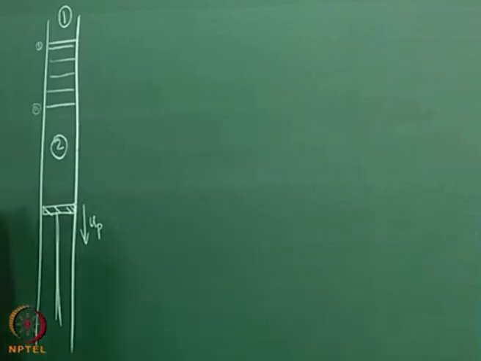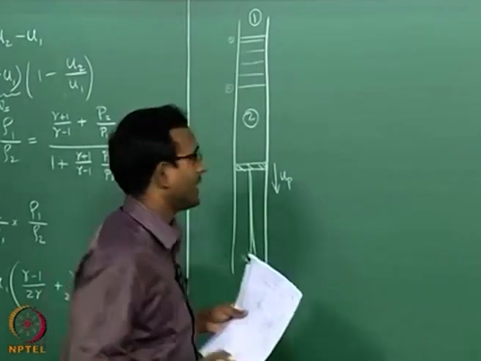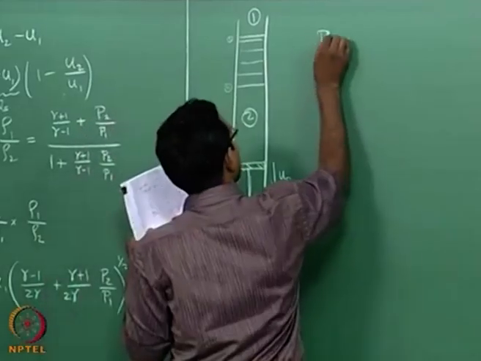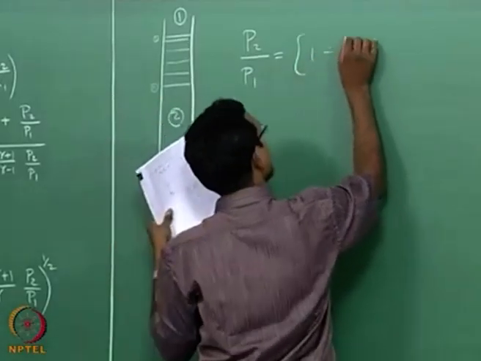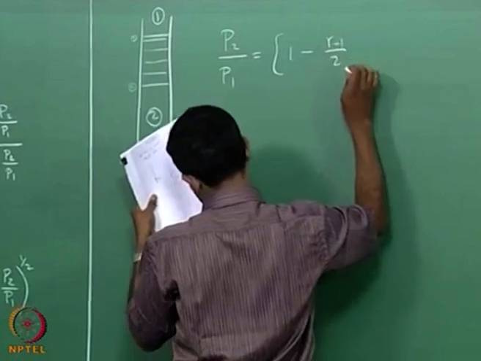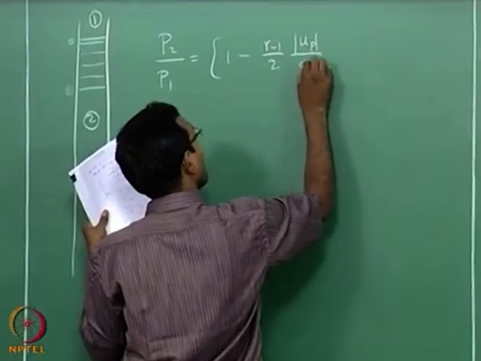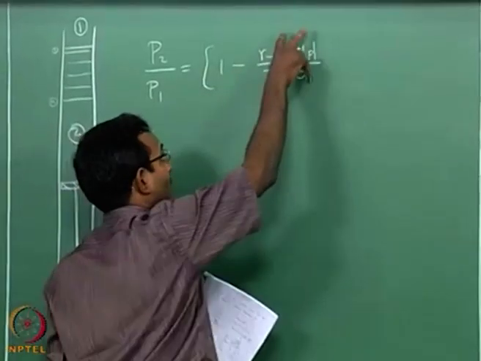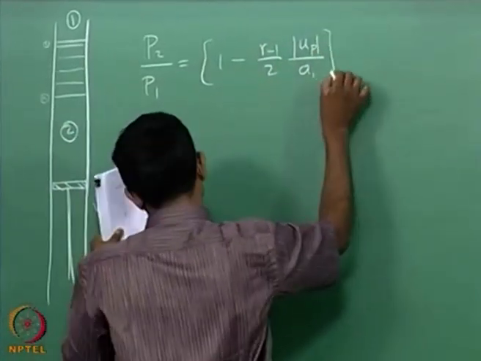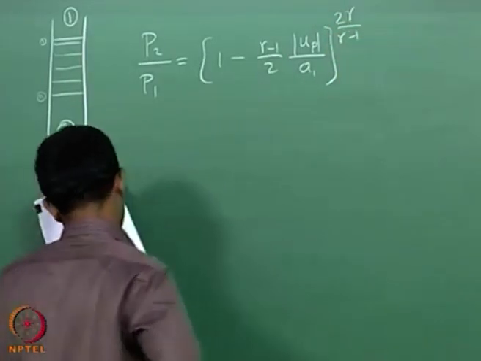Of course, I am not going to derive this, I am going to say if I solve the problem of isentropic propagation of expansion waves in a gas, I can find this solution. I will just write that final expression here. I am putting this modulus sign because I have already taken care of the sign of that UP. So only the magnitude needs to be entered there. I have this expression.